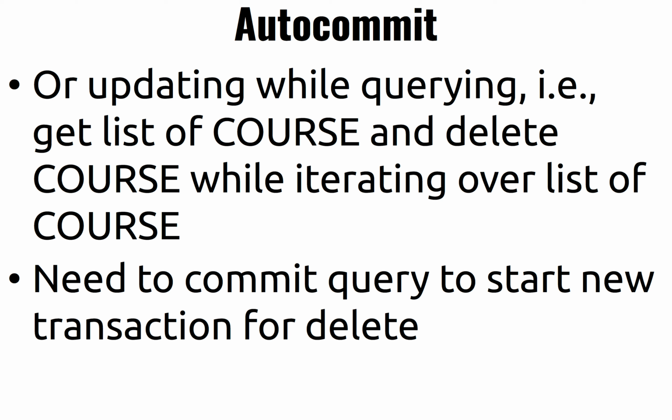Maybe you need to select all the courses, iterate over them, and change some attribute. Maybe you want to change them all from on ground to online or remote, but you don't want to commit the result until you are done.